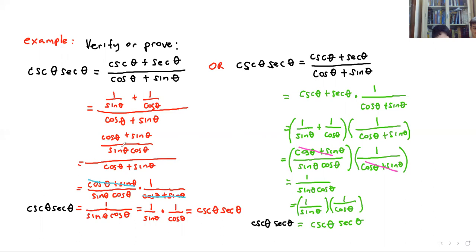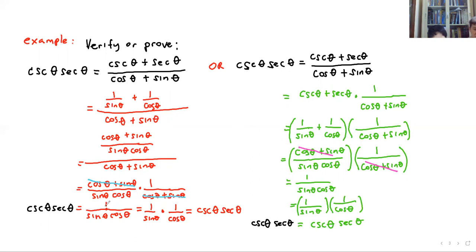And then getting the LCD, it becomes cosecant theta plus secant theta all over cosine theta plus sine theta. And the division here becomes multiplication. So we invert the denominator, and the numerator and the denominator will cancel out.